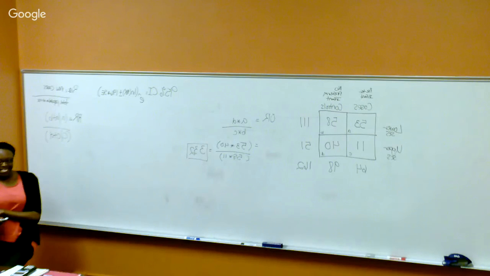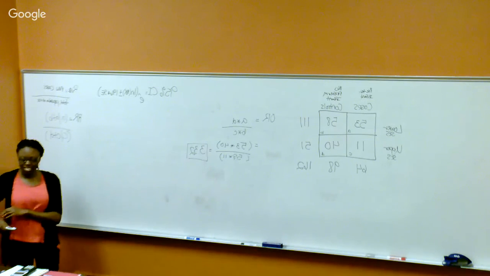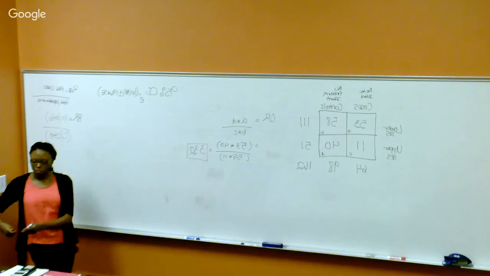Would you say that women from a lower socioeconomic status are 3.32 times more likely to have a preterm birth?